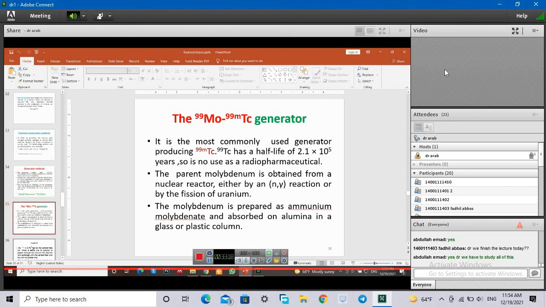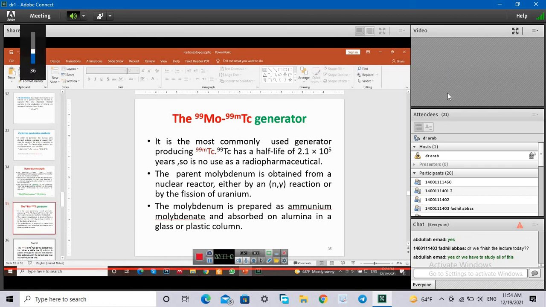When we bombard uranium with a neutron, we can produce molybdenum. We can say molybdenum is prepared in this form of reaction, by fission in a reactor.